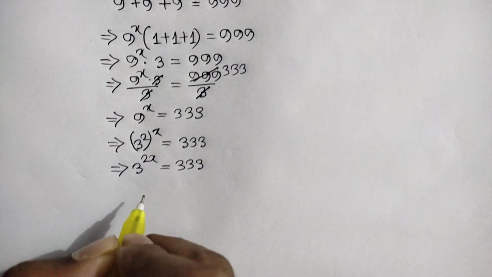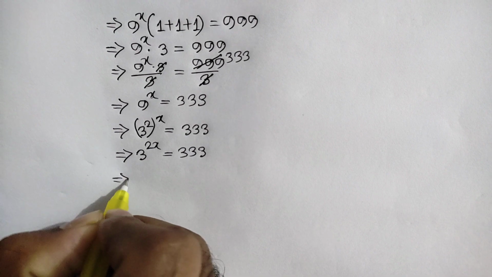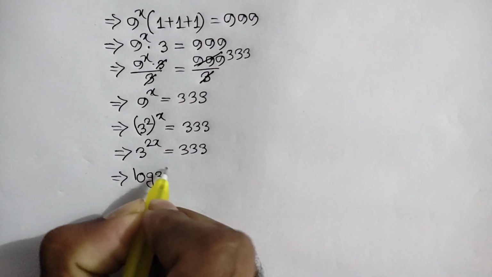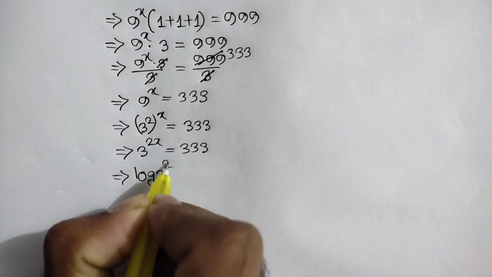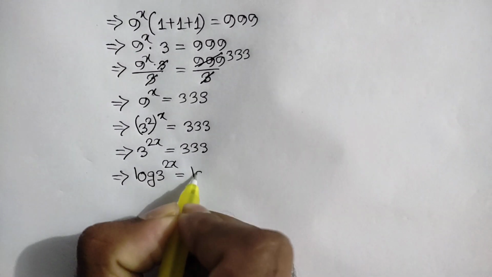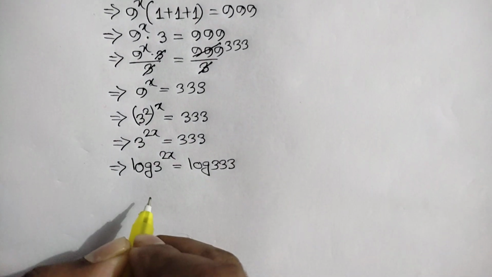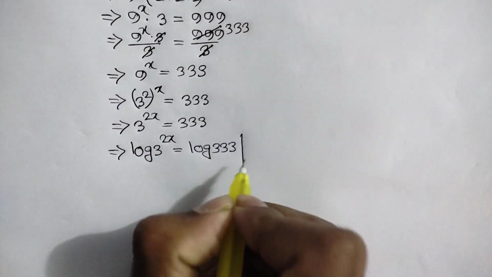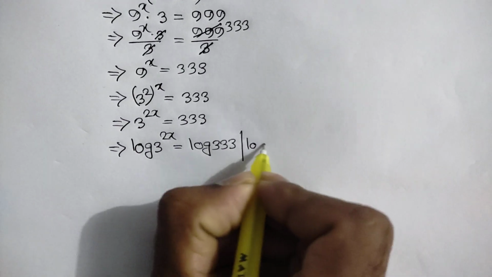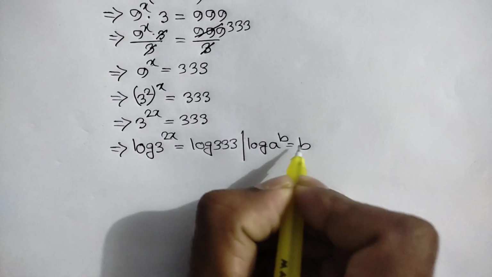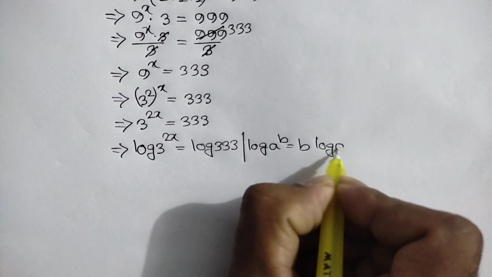Now taking log both sides we can write log 3 to the power 2x is equal to log 333. Here we can apply this rule, log a to the power b is equal to b log a.